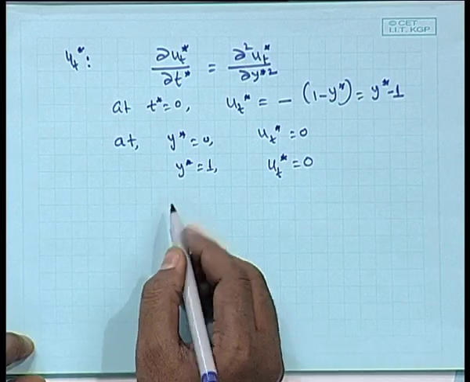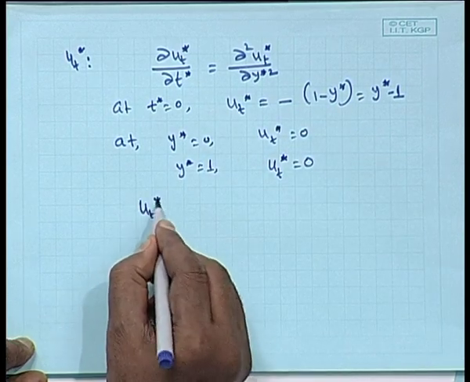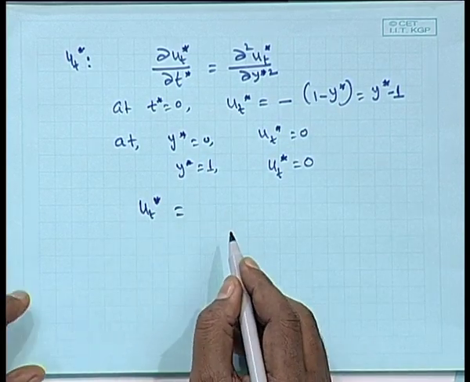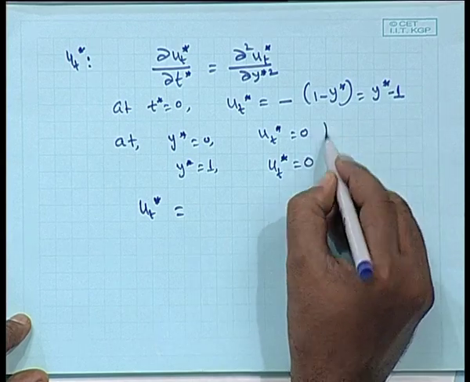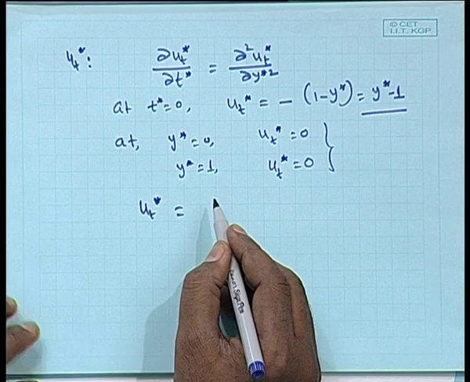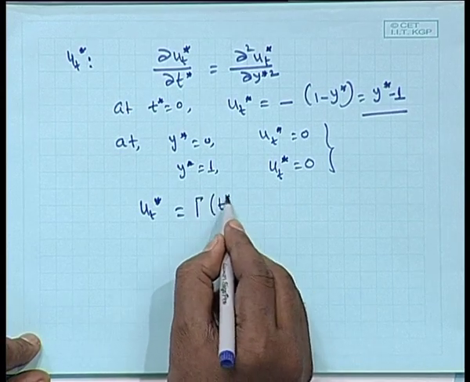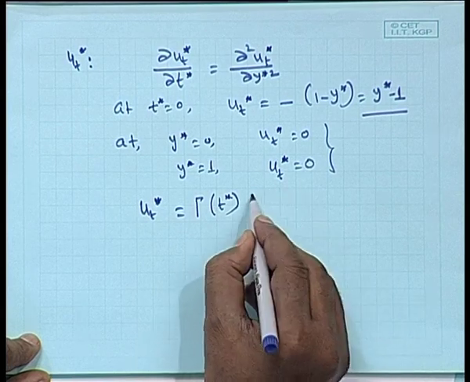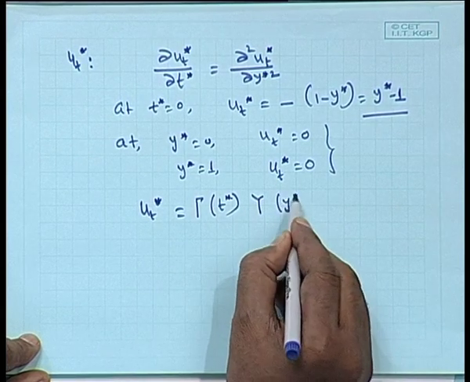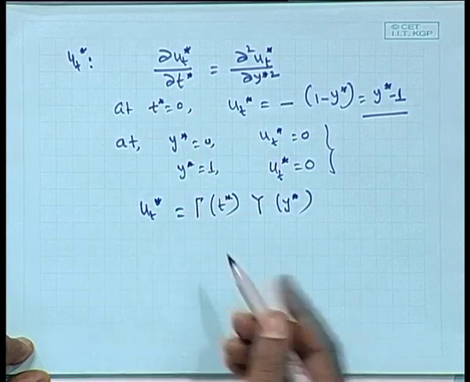Now, break this problem using separation of variables, that means u_t star is composed of two parts. Now you can go ahead with the standard solution. One will be the time dependent part, another will be the space dependent part. So, it will be tau of t star and another, let us say capital Y of y star. Substitute this here and collect the similar terms.